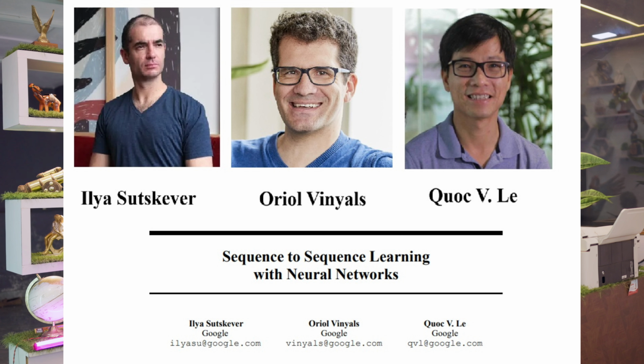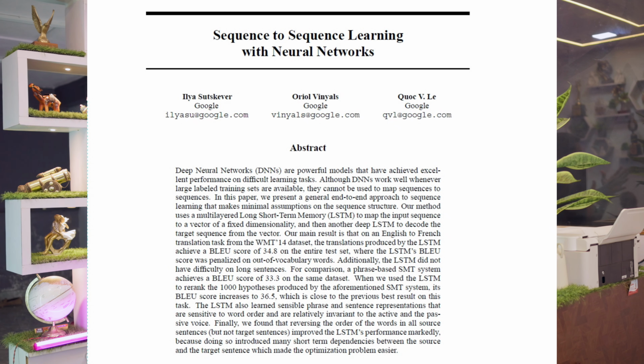Researchers continued their work. In 2014, three researchers from Google, Ilya Sutskever, Oriol Vinyals, and Quoc V. Le, published the research paper titled Sequence to Sequence Learning with Neural Networks. Today, Ilya Sutskever is known as the co-founder of OpenAI, the company behind ChatGPT.